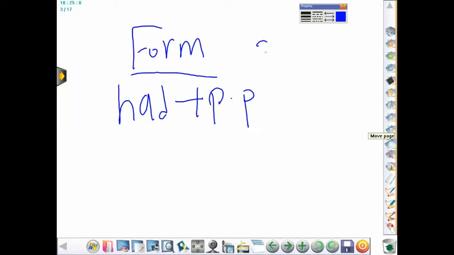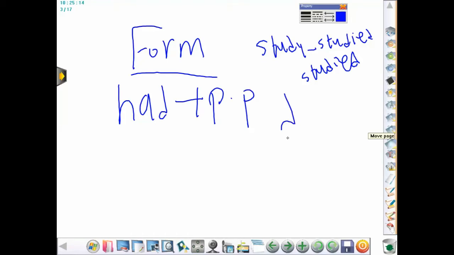So I say study, for example, studied, right? But what if the verb is irregular? So it's going to be the third column. I have to study it as it is, like the verb do. It's going to be done, and then done. This is the form of the past perfect. Had plus past participle. Okay, this is the third form of the verb.